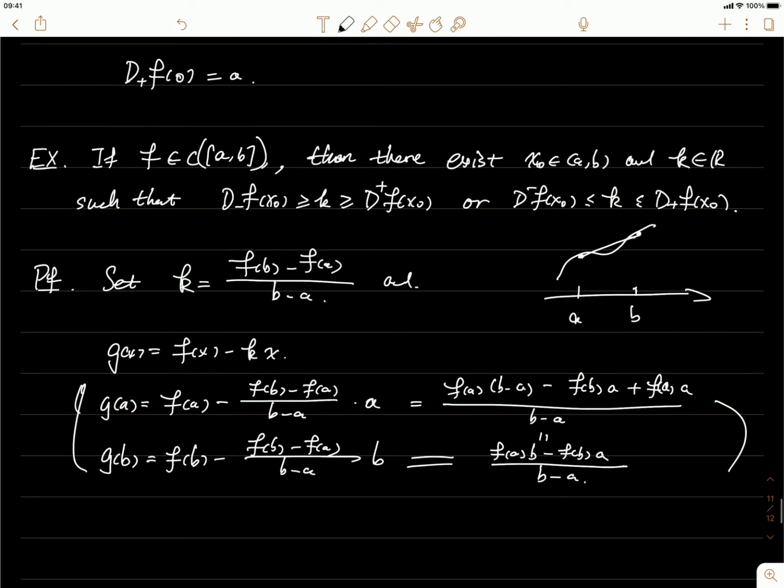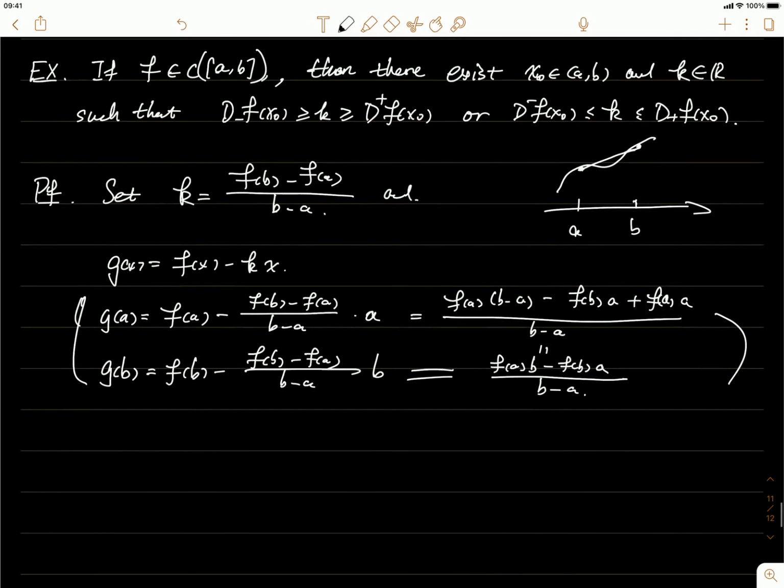So that means that after taking out this k x, g of x takes the same value at a and b. And since f is continuous and k x is also continuous, we know g is also continuous.